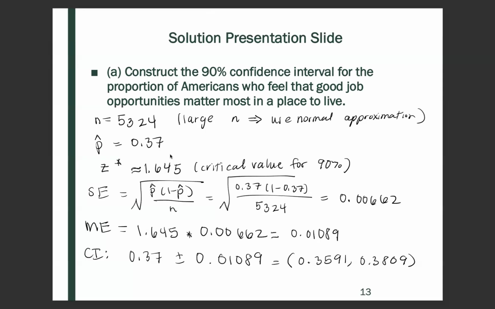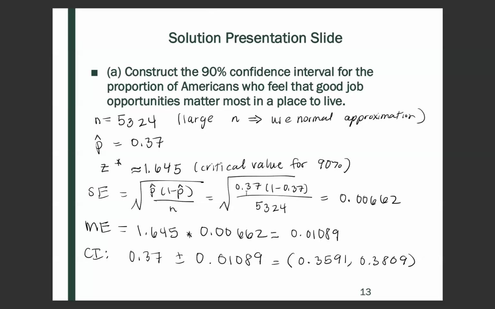And so to find the confidence interval, we need to have the point estimate, our p hat, plus minus our margin of error. Well, how do we find the margin of error? Well, first we need to find the standard error because we're going to take the z-star value times the standard error. So the standard error is going to be the square root of our p hat times 1 minus p hat over n.